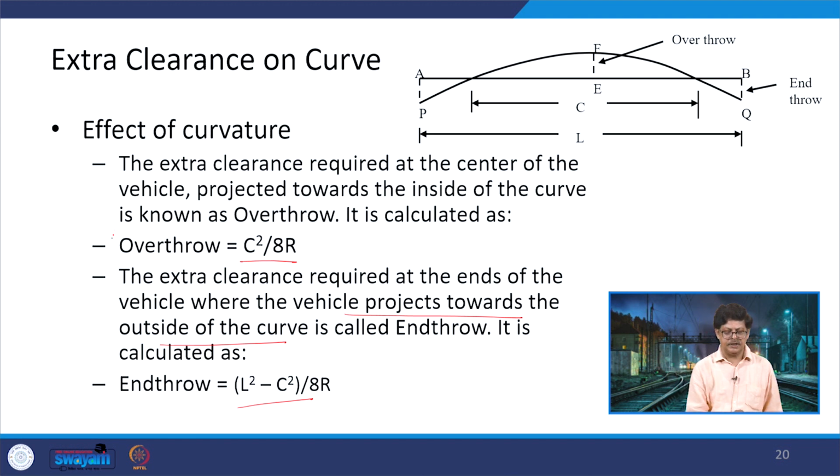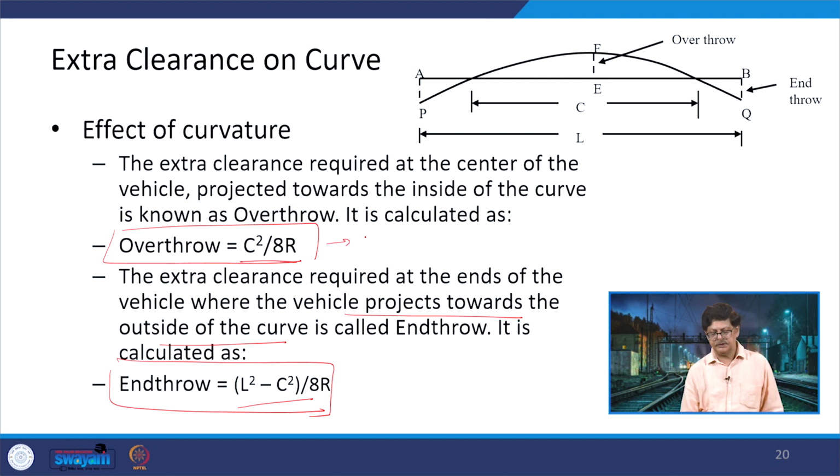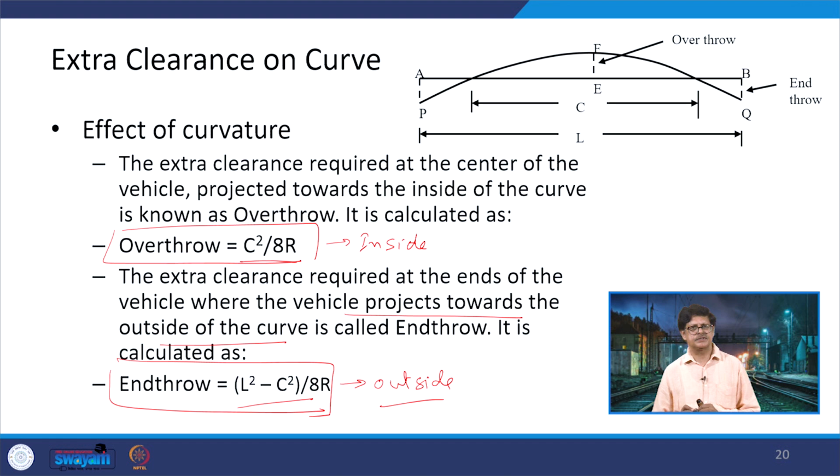So, we have one as overthrow, and one as underthrow. The overthrow is happening on the inside and the underthrow is happening on the outside. So, we have to remember these things also. If you are calculating everything on the inside, then you have to see what will get added up if you are talking about the outside, and what are the clearances which need to be added.